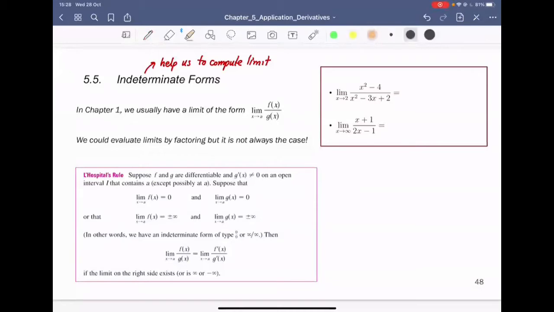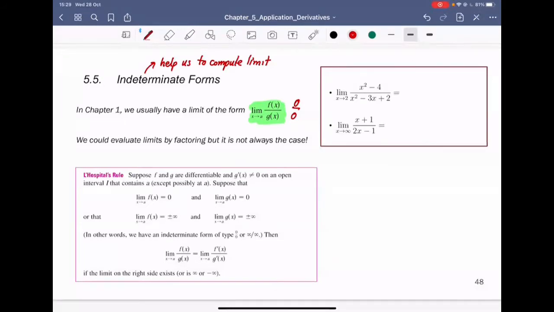So you can see that in chapter 1, you have something in the form limit of f(x) over g(x). And I told you that when you have 0 over 0, before midterm, you have factoring, conjugate, maybe use the trigonometric limits, maybe you use the squeezing theorem.